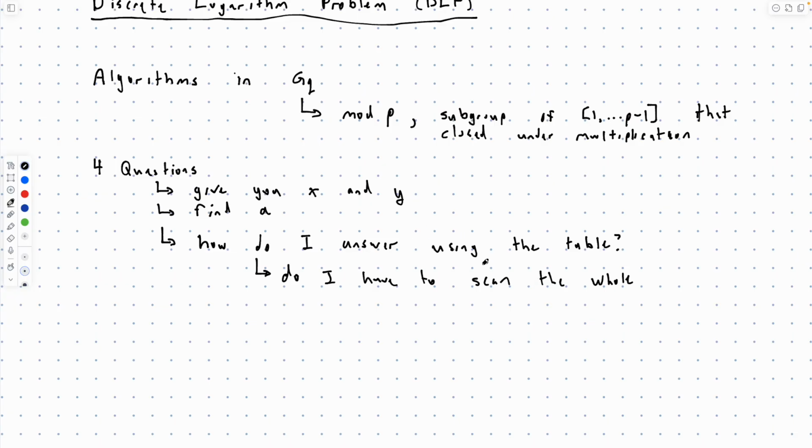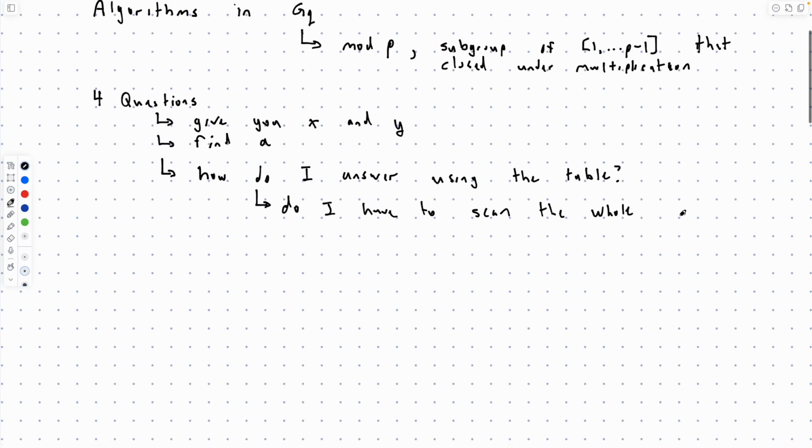You'll see it as: do I have to scan the whole row or column or table? That would be even worse. If the answer is yes, it's going to be infeasible in real life. Once we make P really large, it's not going to work.